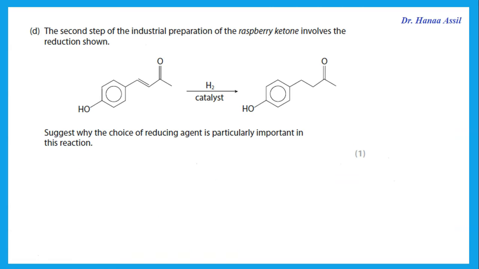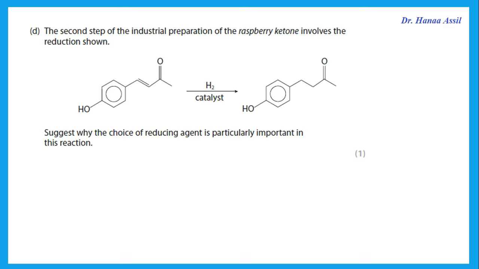The second step of the industrial preparation of the raspberry ketone involves the reduction shown. So we are changing the side chain that has a double bond into a single bond. We use hydrogen in the presence of a catalyst. We should know that usually the catalyst is nickel or platinum.